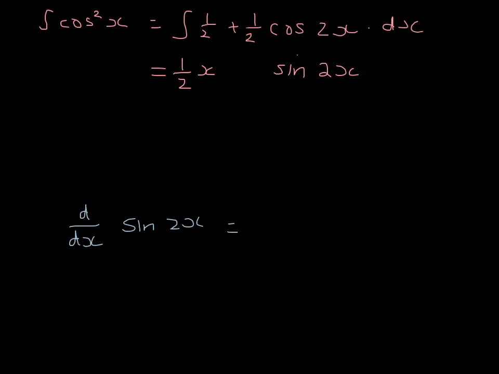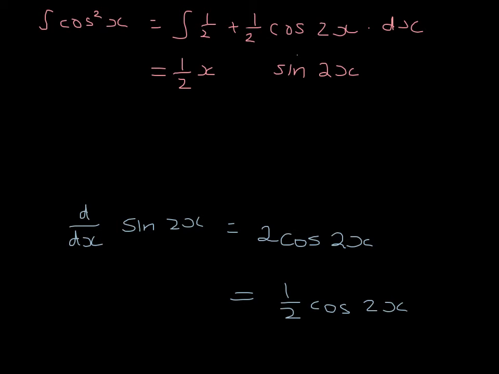So the derivative of 2x is 2. We change the sine to a cos, and we rewrite the 2x. So now we're going the other way. We've got a half cos 2x. That's what our answer needs to be.